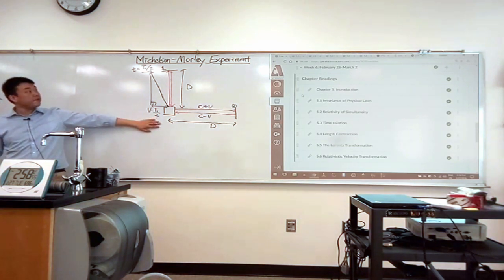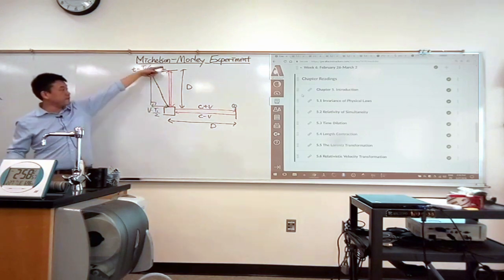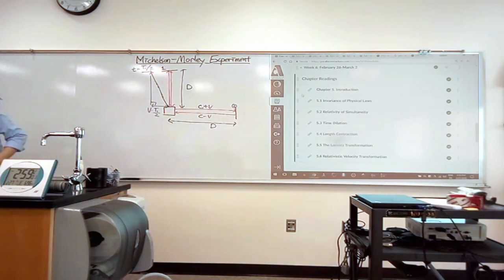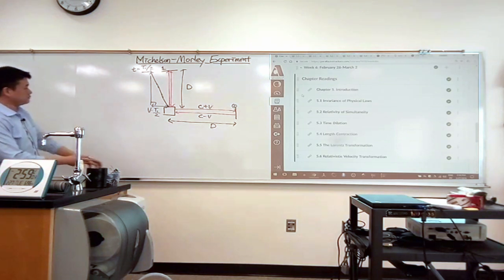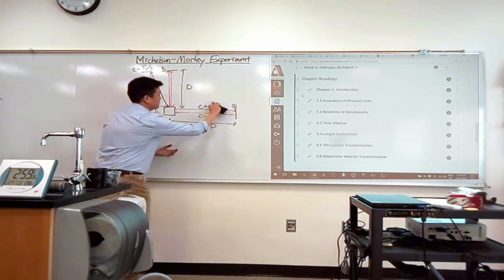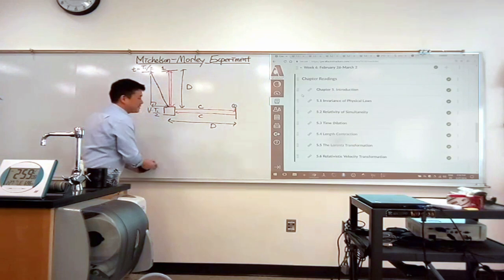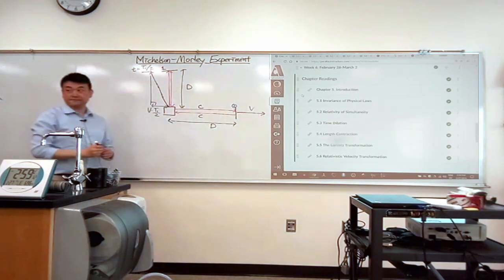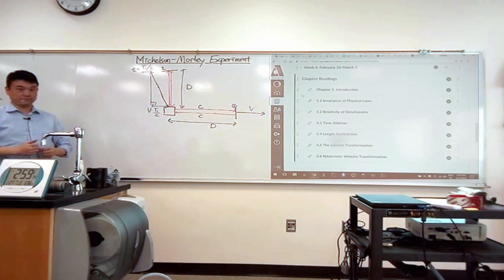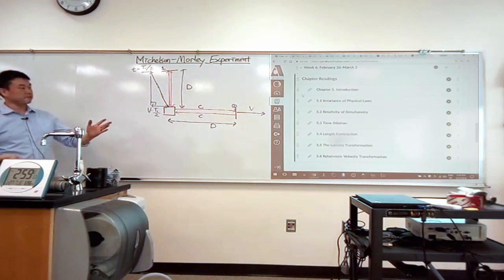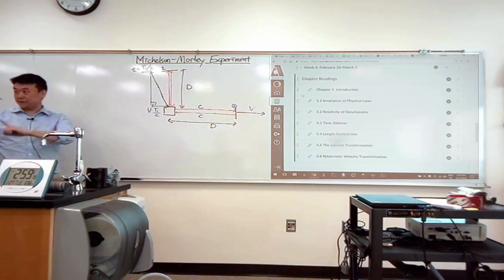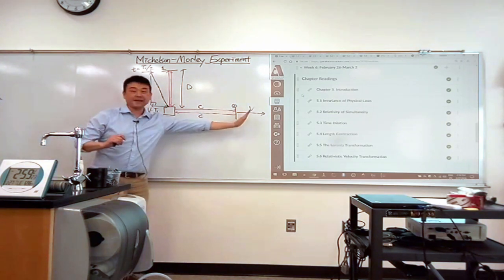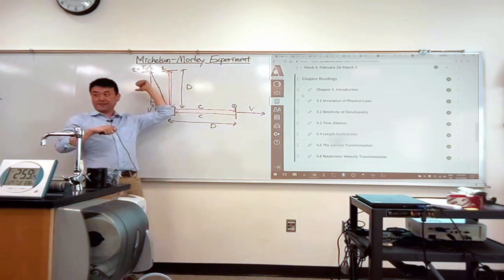There's no apparent difference in time of round trip this way and round trip this way when this entire apparatus, let me erase these two, when this entire apparatus is moving this way with the speed v. Just for reference, from what I got confused with earlier: once you say apparatus is moving that way, the ether wind is going the other way.